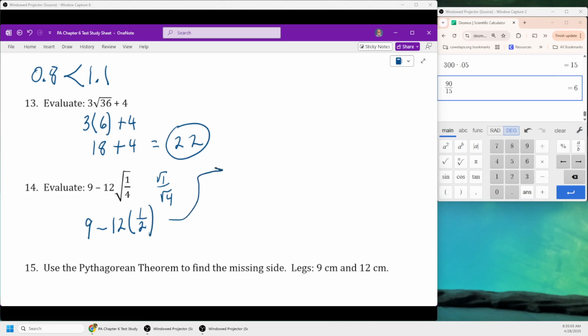So then I'm going to move up here. That's 9 minus, you have to do this multiplication first. 12 times 1/2 is 6. So 9 minus 6 is 3. Did you get 3 when you put that in your calculator?